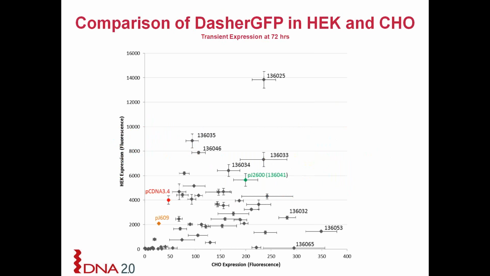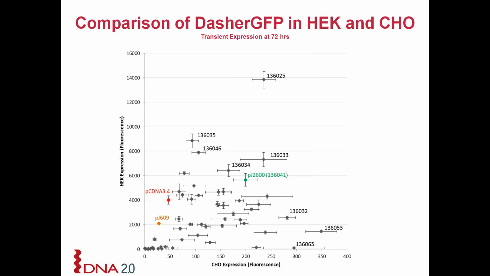So just in initial first and second rounds, we were able to optimize expression at much higher levels. CHO is a bit more finicky and harder to work with for transient expression. So that's why you're seeing lower numbers.